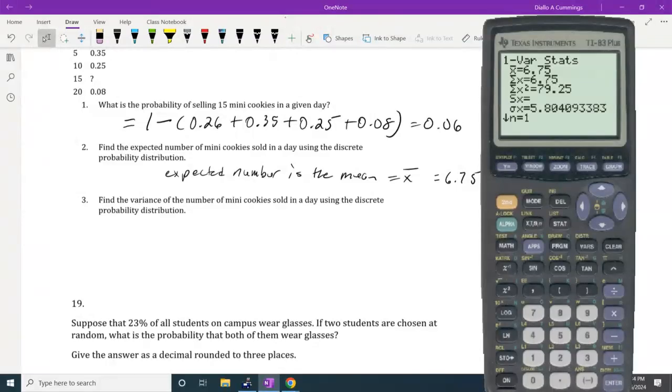And it asks for the variance. Notice that the calculator is not going to give me the variance, but it's going to give me the standard deviation. The variance is the standard deviation squared.